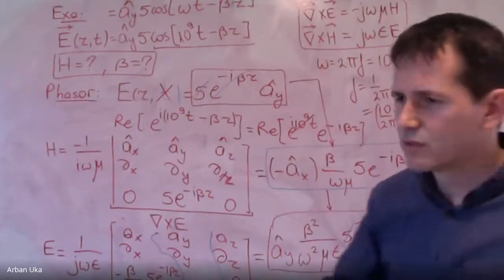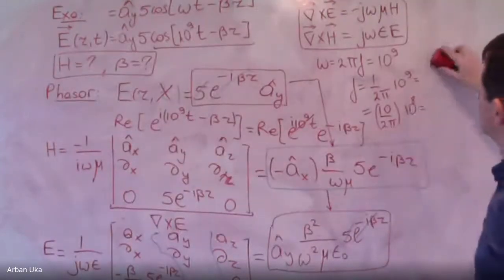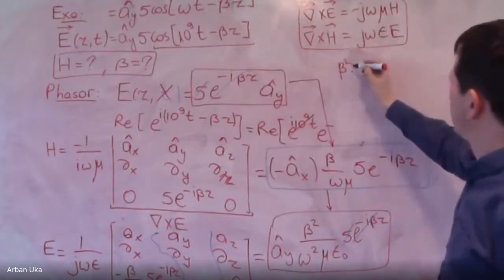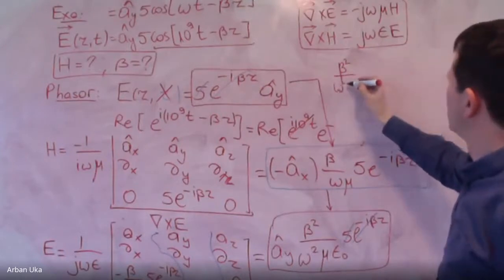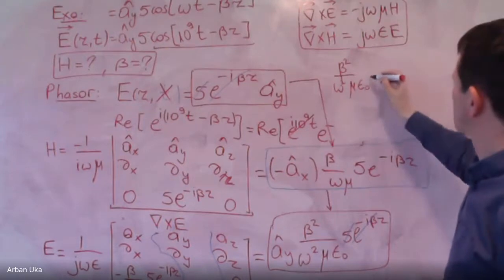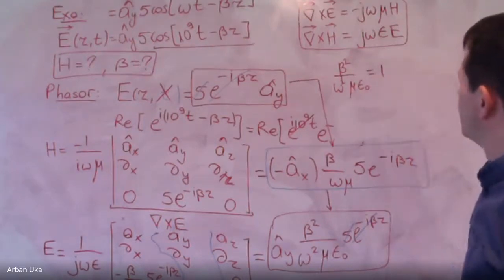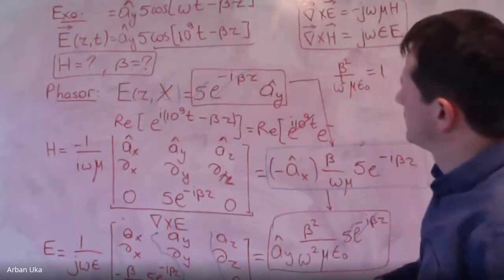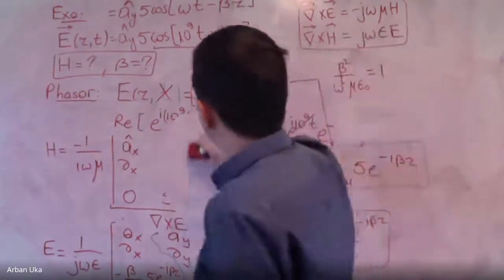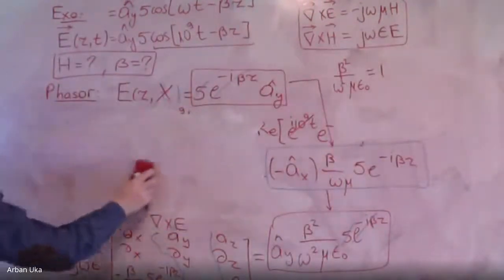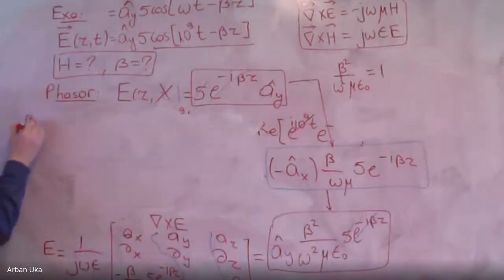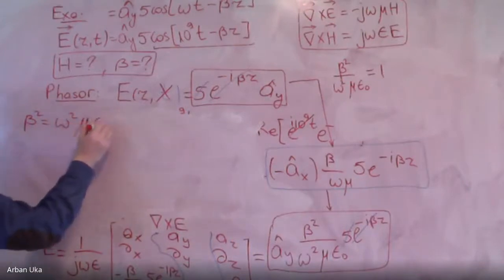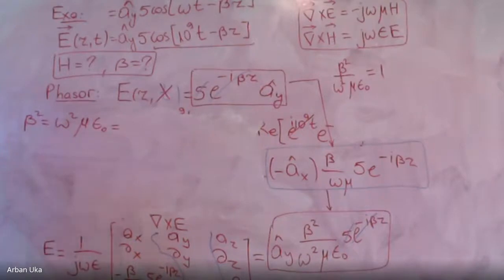So let me find some useful space. And it looks like beta squared over this square, this is equal to 1, okay? And we need to find the beta. So beta, actually this part, this was the first curl. So it looks like beta squared is equal to omega squared times this, and this is equal to, what is omega squared?